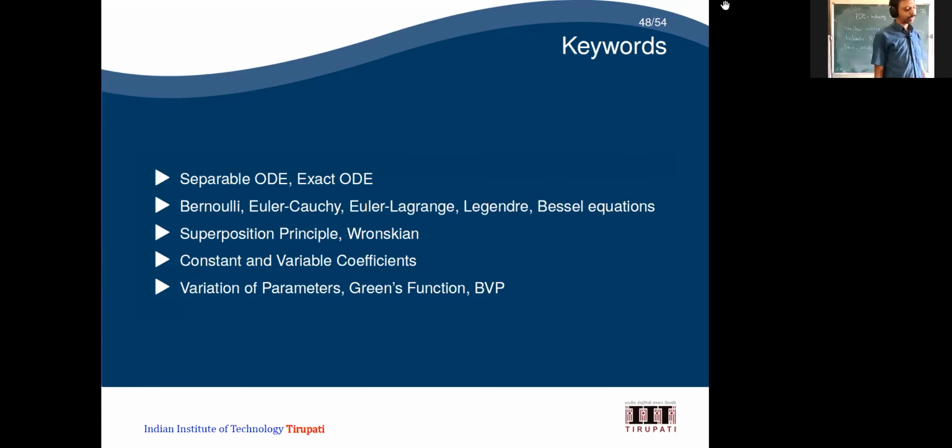So what are the techniques you have learned in your ODE course? Mostly these keywords you might have seen, something like separable ODE. Separable ODE means that if I have dy by dx equal to some expression, the right hand side f of x comma y can be separated into an x component and a y component in multiplication, some g of x into h of y.